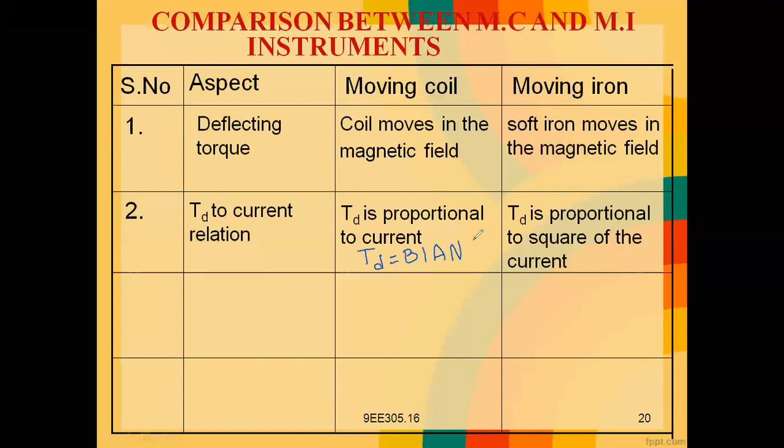So this is the formula for deflection torque. So deflection torque is proportional to current. Coming to the deflection torque of the moving iron, we have it proportional to I square. Our deflection torque is proportional to I square.